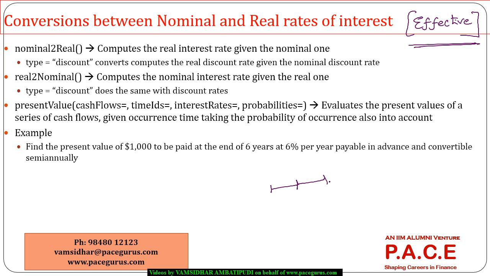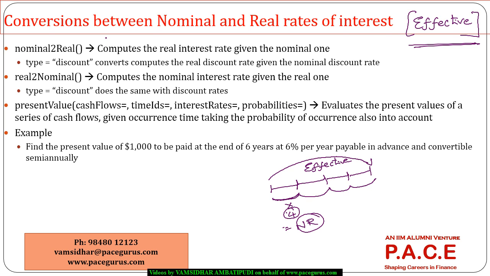So the easiest way to understand is, if I take the per period effective rate and multiply it by the number of periods, that is what I am going to get as the nominal rate. But if I take the compounding for each of the periods into consideration, not just a simple multiplication, but compounding also into consideration for each of the periods, and compute the net amount at the end of the period, that is what we are calling the effective rate of return or the real interest rate.